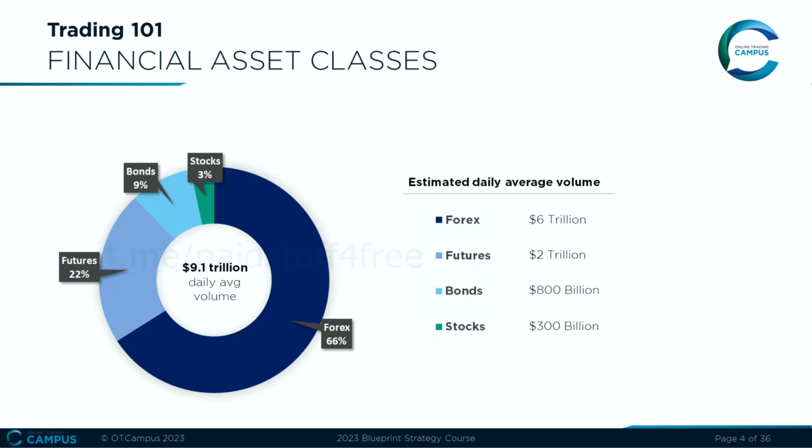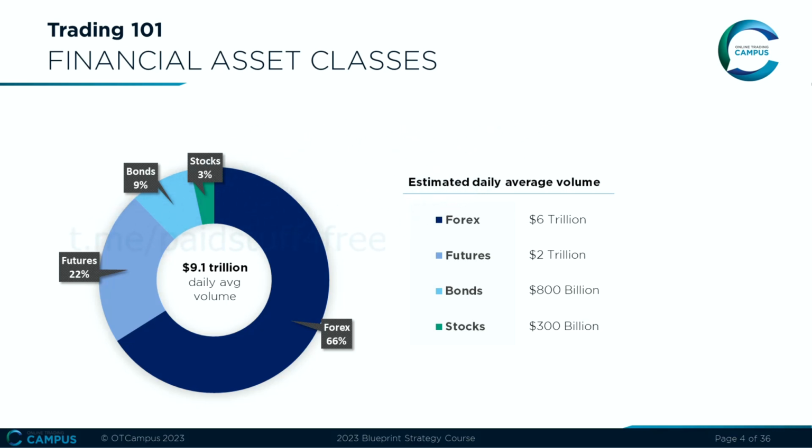That means it does not have a centralized exchange or a specific market cap that you would have for stocks, for example. And therefore, to rank the global markets by size, we can't look at market cap. We have to look at the average daily volume traded.